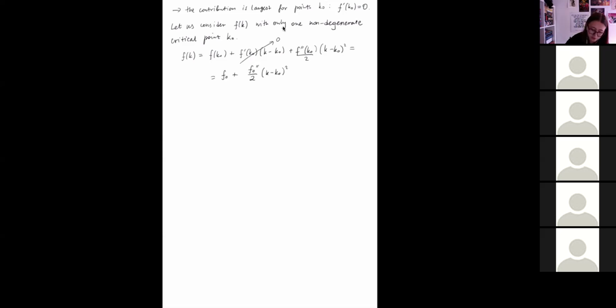Now let us come back to the integral I of t. We can approximate it as an integral in the neighborhood of k0: e to the power i t f0 plus f0 double prime over 2 times k minus k0 squared, g of k0 dk.